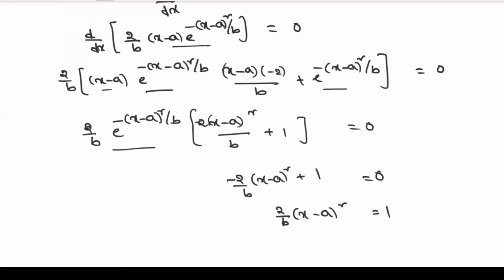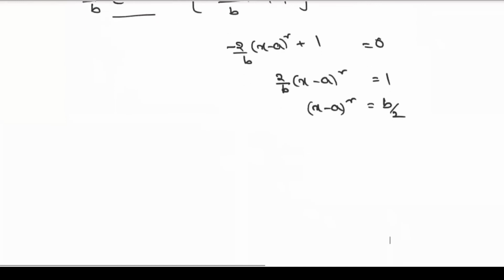So this is going to be (x − a)² is equal to b/2, and you can write this as x − a is equal to the square root of b/2. Then x is equal to a plus root b/2.